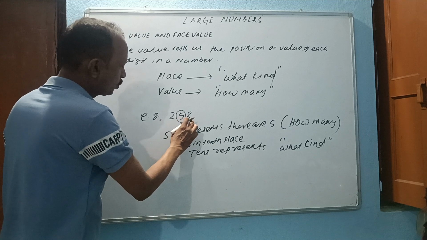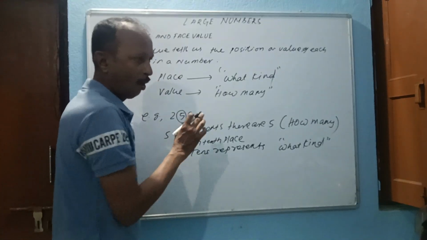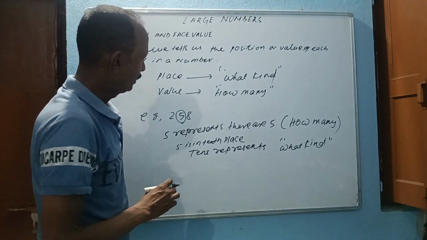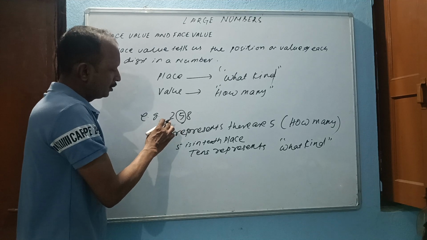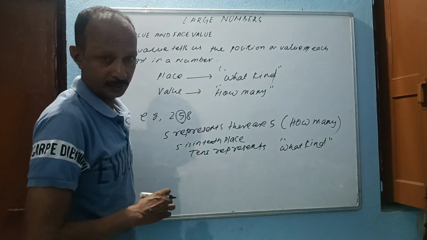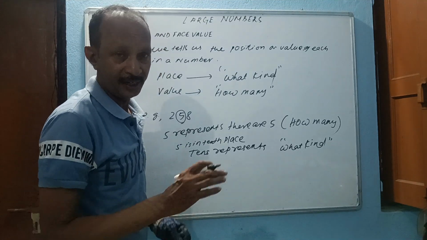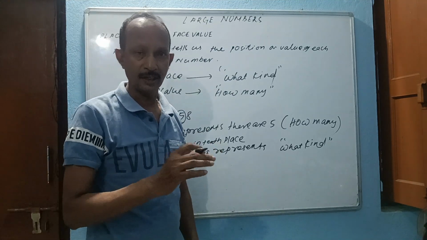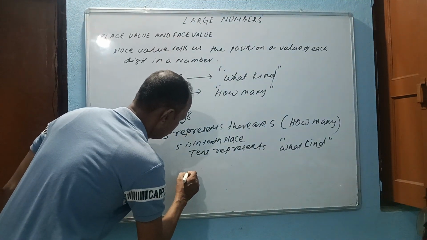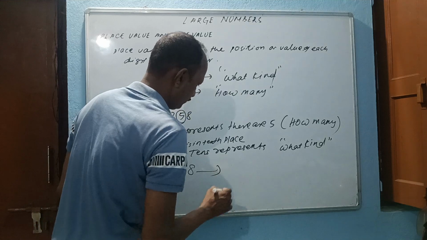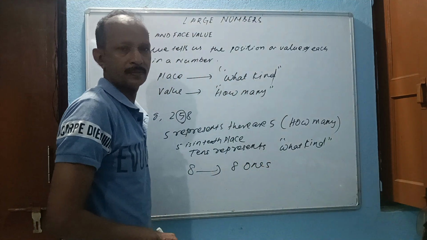Now, in this 258, the digit 8 is in ones place. 5 is in tens place. 2 is in hundreds place. So, here I can say that 8 represents 8 ones.